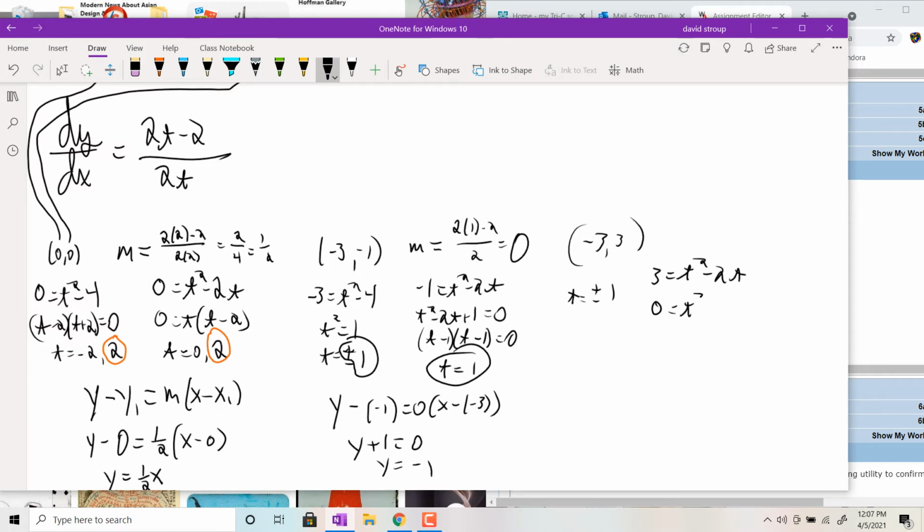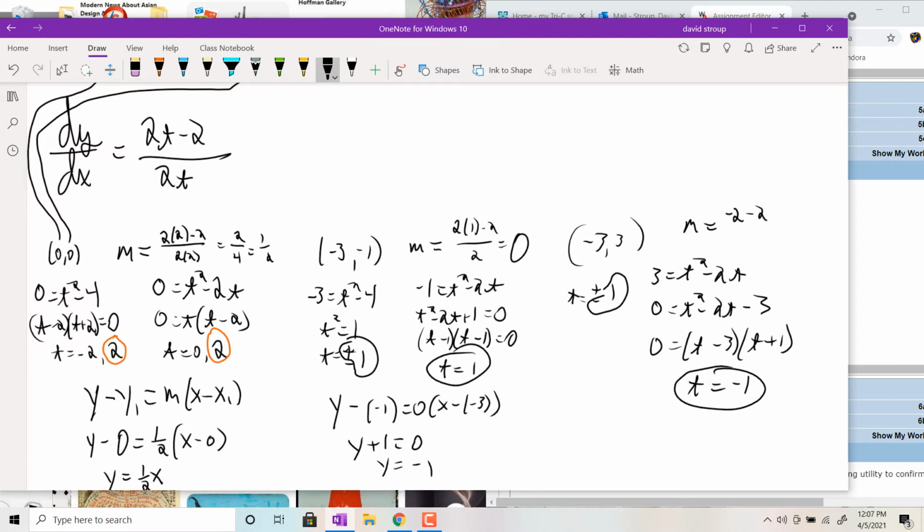So 0 is t squared minus 2t minus 3. 0 is t minus 3, t plus 1. So t, in this case, is going to have to be the -1. So plug that in for your slope. -2 minus 2 all over -2. So that'll be -4 over -2, which will be positive 2.